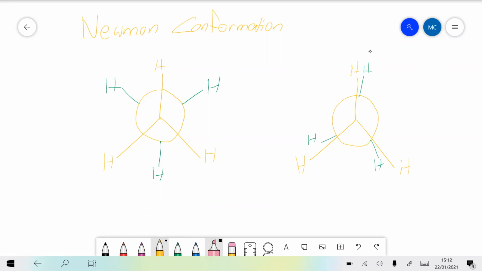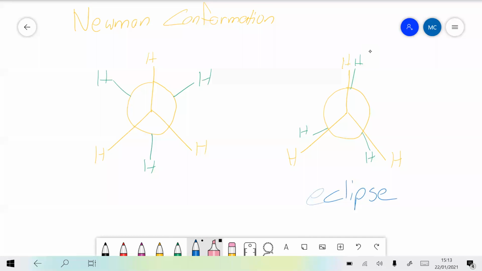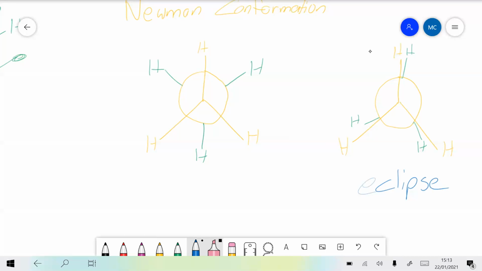Okay, so when they are behind, like the moon behind the sun, or the sun behind the moon, it would be an eclipse, because they are eclipsing each other, they are hiding each other. When they are in between, there are two probable conformations where they are either staggered or gauche.